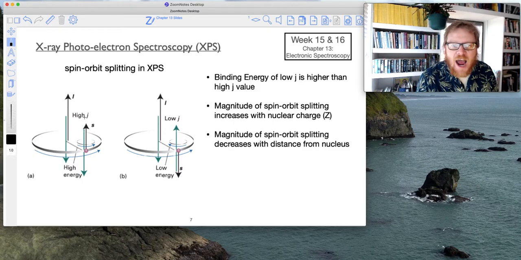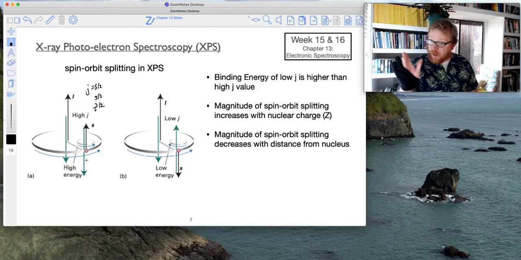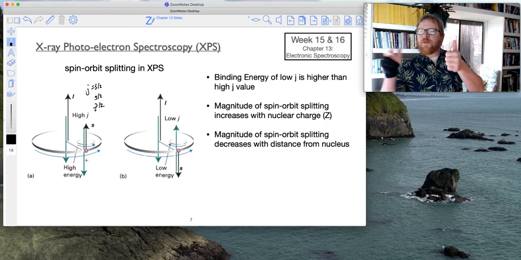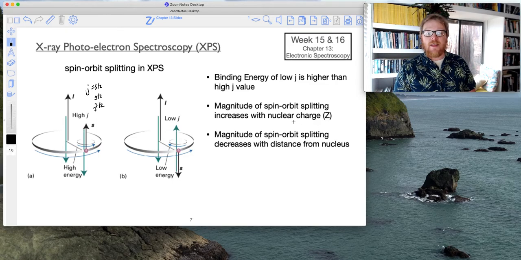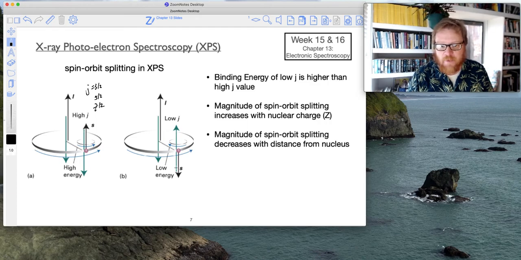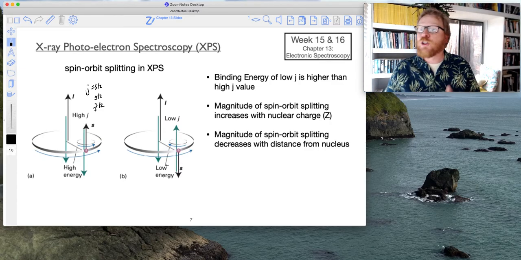When that happens, for the high J value, for example J equals 3/2, 5/2, or 7/2, the electron's intrinsic angular momentum is aligned with its orbital angular momentum. Whereas for the low J value, they are unaligned, they're anti-parallel. And that's why the low J value has a lower energy and consequently a larger binding energy to remove it.